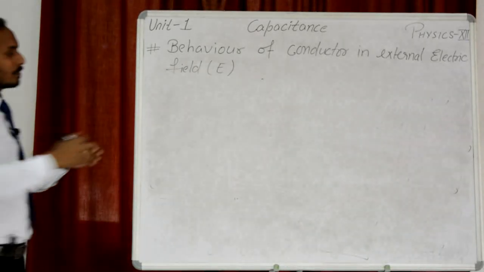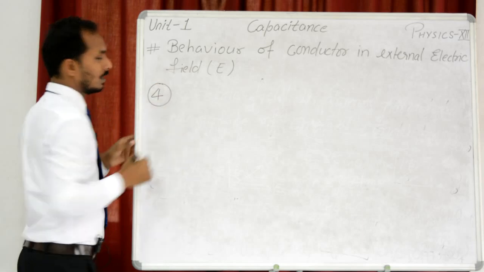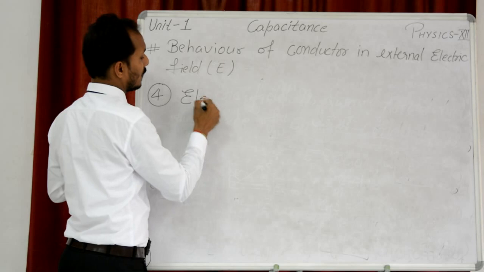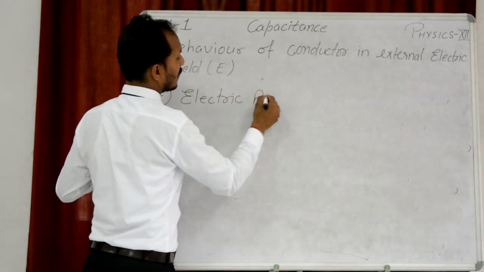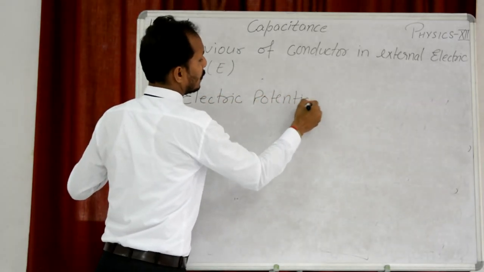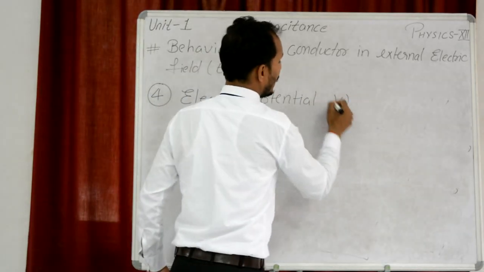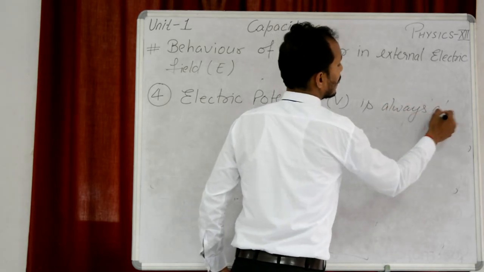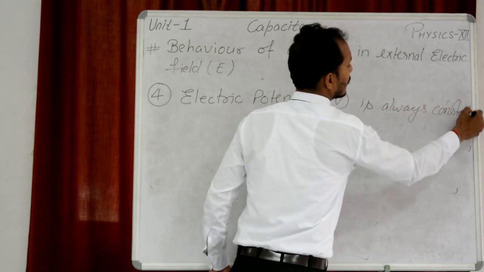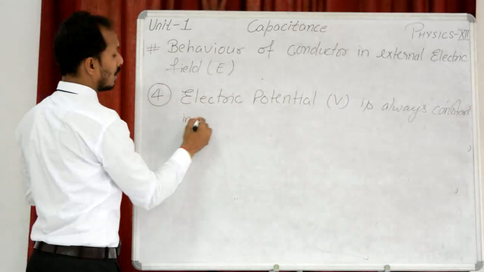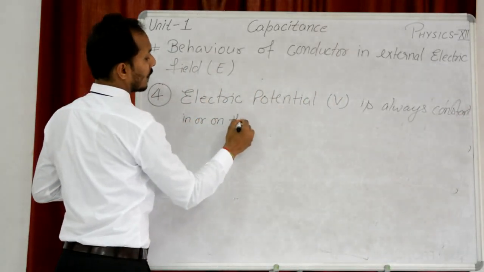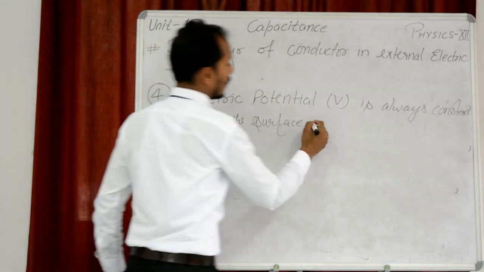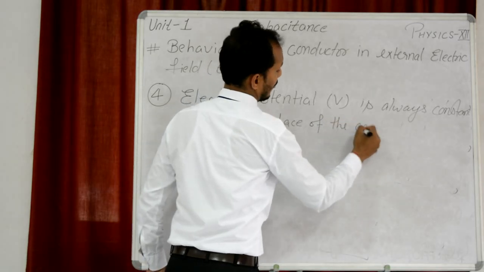Fourth property states that the electric potential, that is V, is always constant in or on the surface of the conductor.